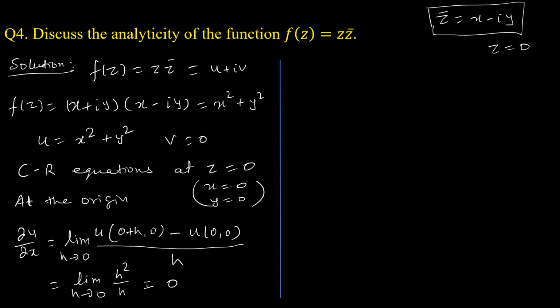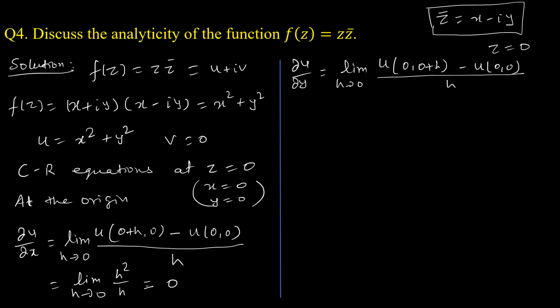Similarly, for del u upon del y, again limit h tends to 0, u(0, 0 plus h) minus u(0, 0) upon h. In the place of h, for the partial derivative with respect to y, you can write k, and k tends to 0. If you put this value in x square plus y square, it will be limit k tends to 0 of k square by k. Hence, it is again 0.